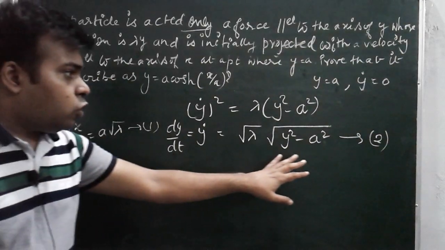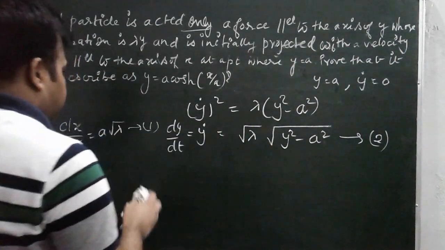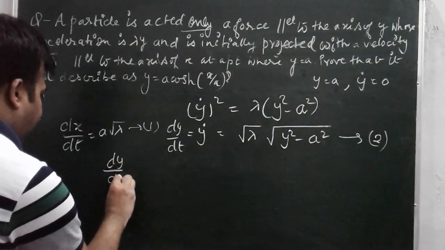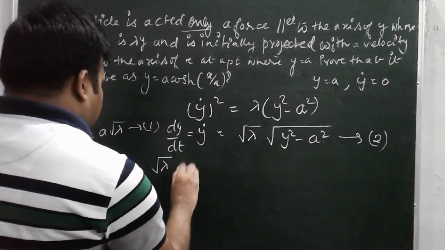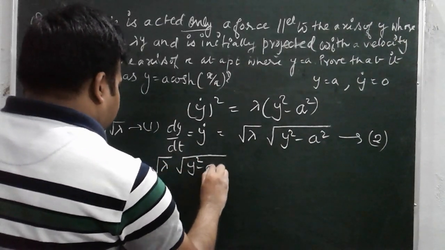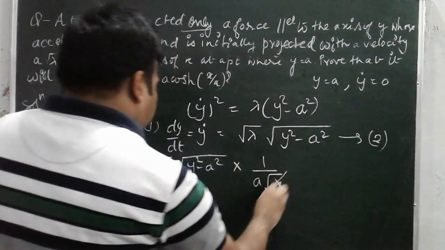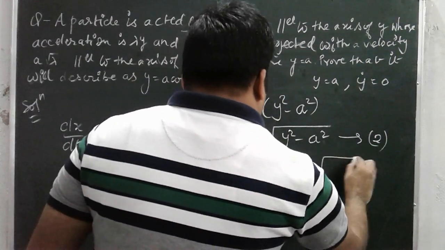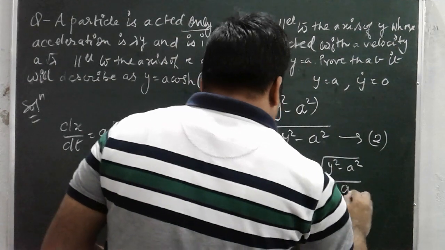Now dividing 2 by 1, we get dy over dx equals under root lambda under root y square minus a square multiplied by 1 upon a under root lambda. Under root lambda will cancel out, and it turns out to be dy over dx equals under root y square minus a square over a.